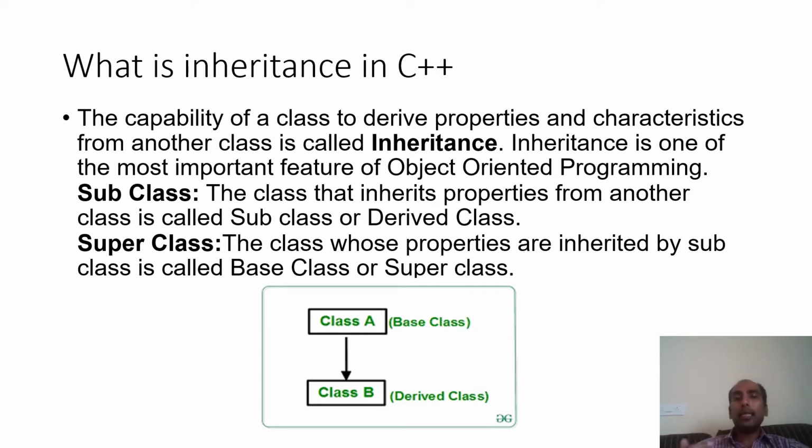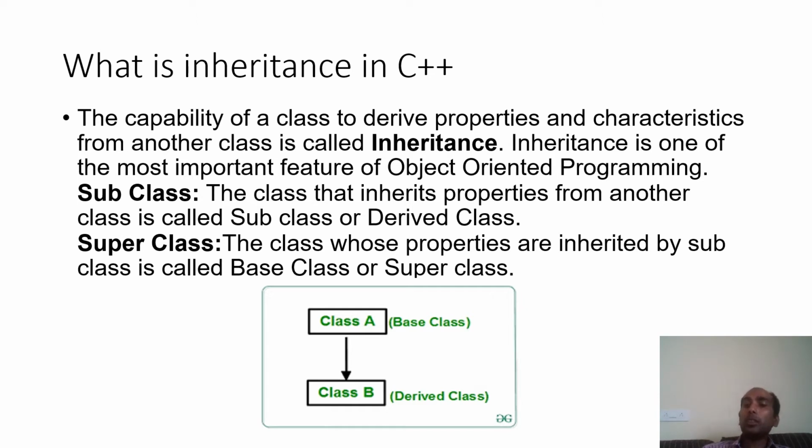Now, class A is known as the base class, or the superclass, or the parent class. So class A is defined as a base class, superclass, and parent class. It means the class from which we are acquiring the property is known as the superclass, base class, or parent class.